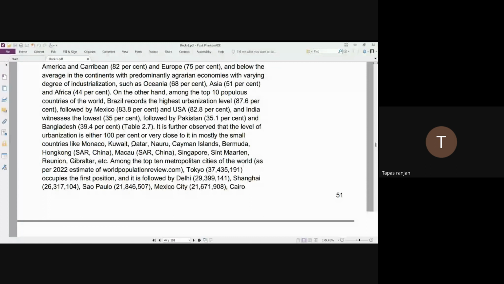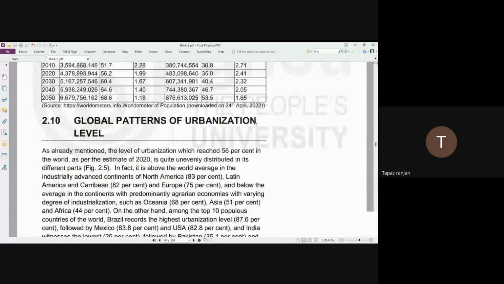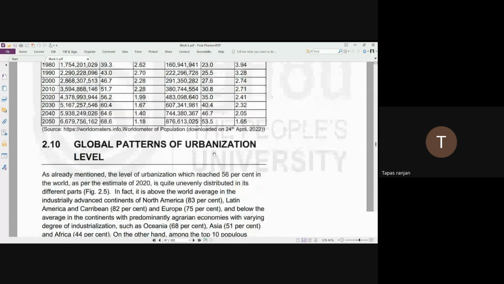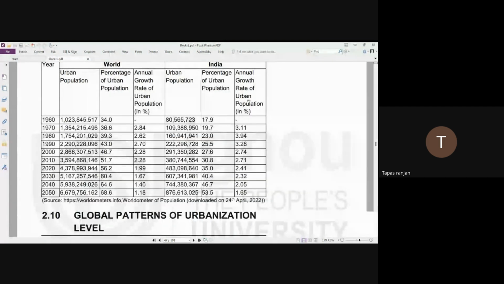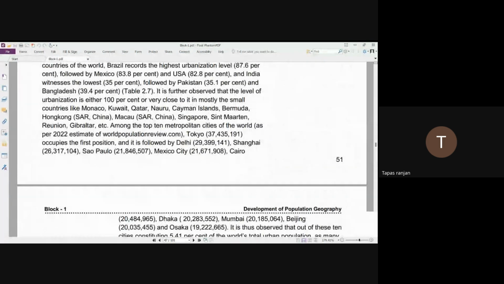Okay, so it will be basically describing which are the places which have a high number of population living in urban areas, and which places have population not living in urban areas. So you can go through different data and tables.